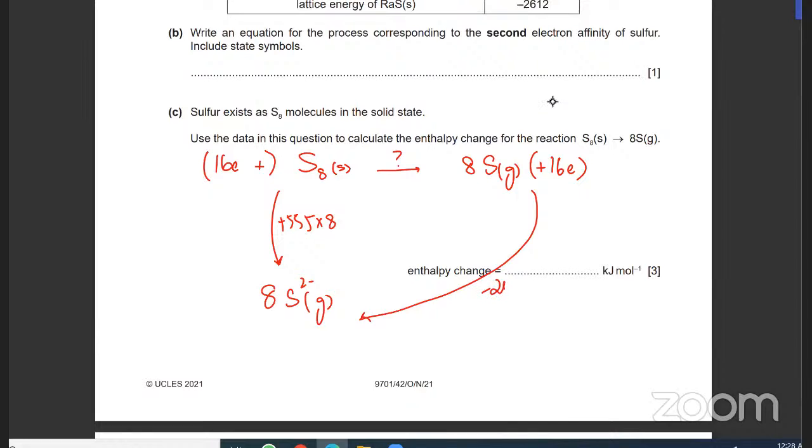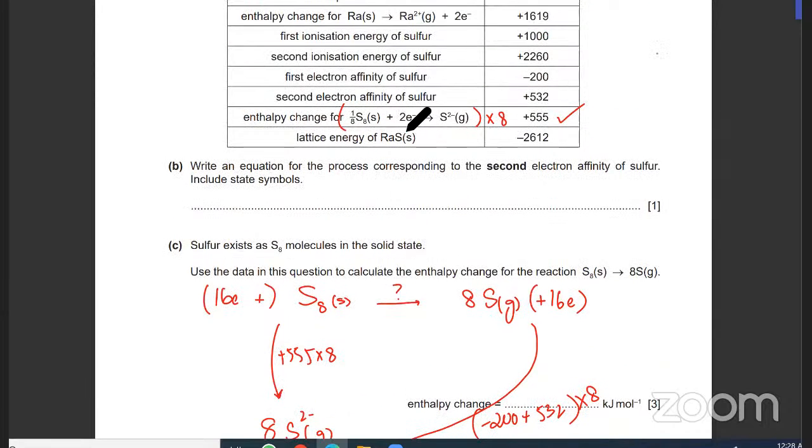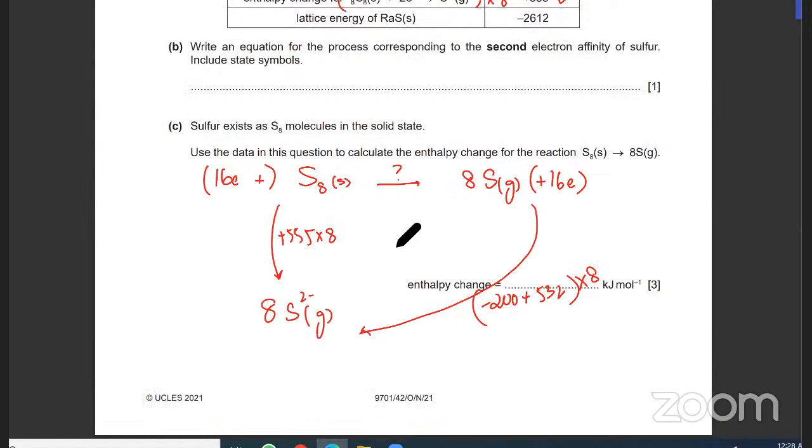So that's multiplied by 8, and I'm doing this for 8 sulfurs. Okay, so the cycle is complete. Did I miss anything? Yep, I think that's it. So we figured out the path. So that's my path. So I just need to change the sign of this thing.